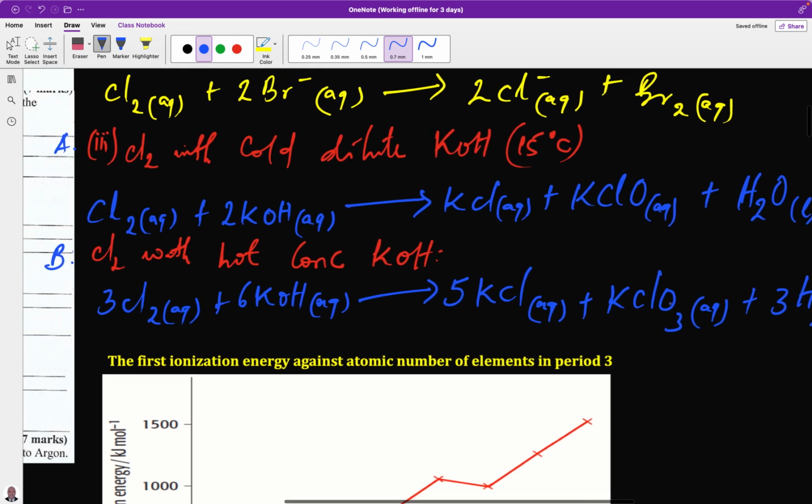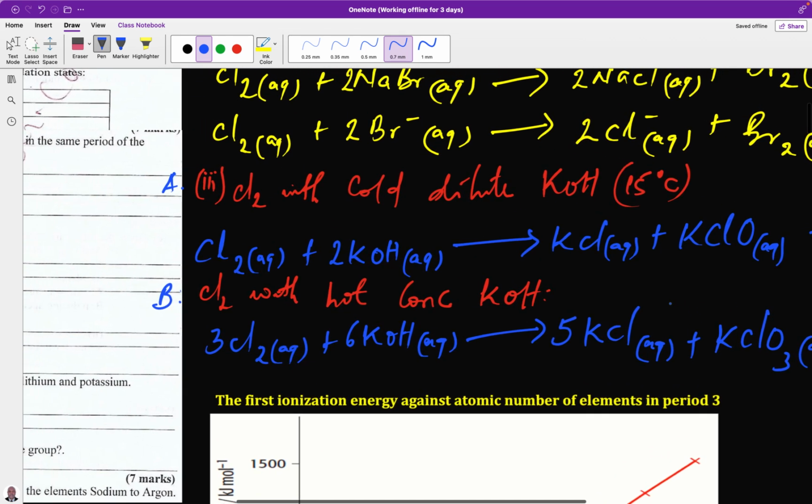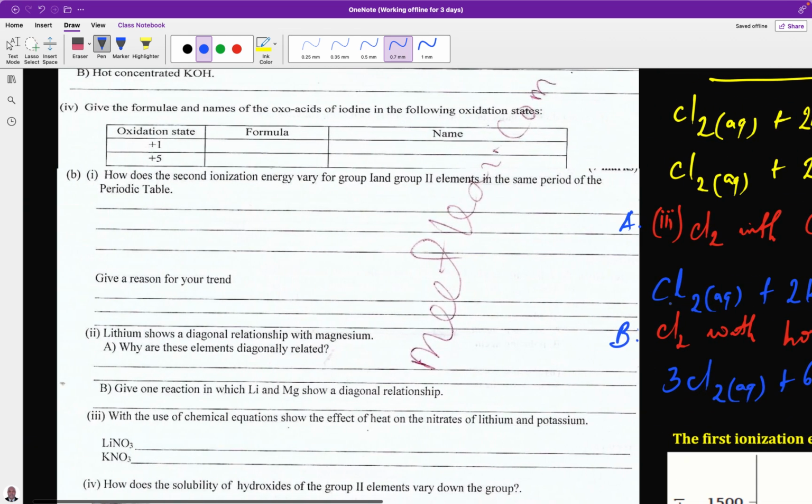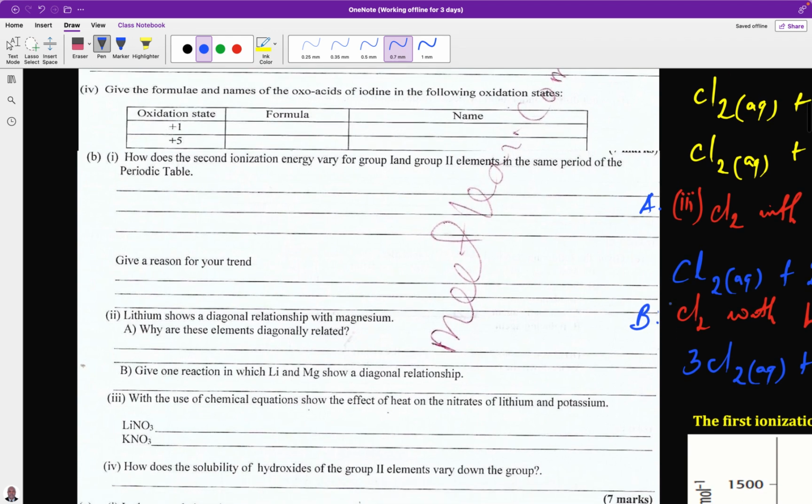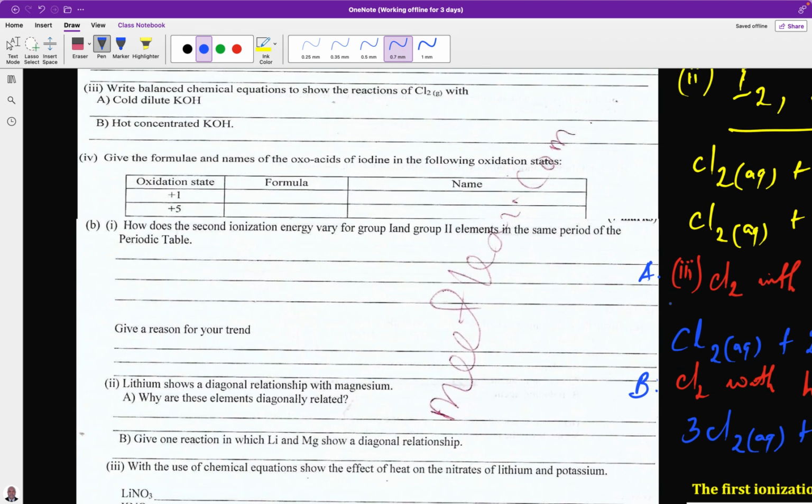Now, number four: give the formula and the names of the oxo acids of iodine in the following oxidation states.